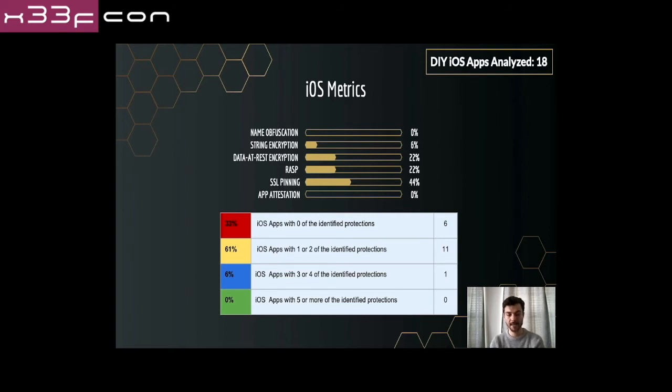So on the Android side, 95% of those applications, and on the iOS side, 94% of those applications possess 2 or fewer of the controls that we were looking for. Once again, representing that these COVID app contact tracing applications are not being built with security in mind.